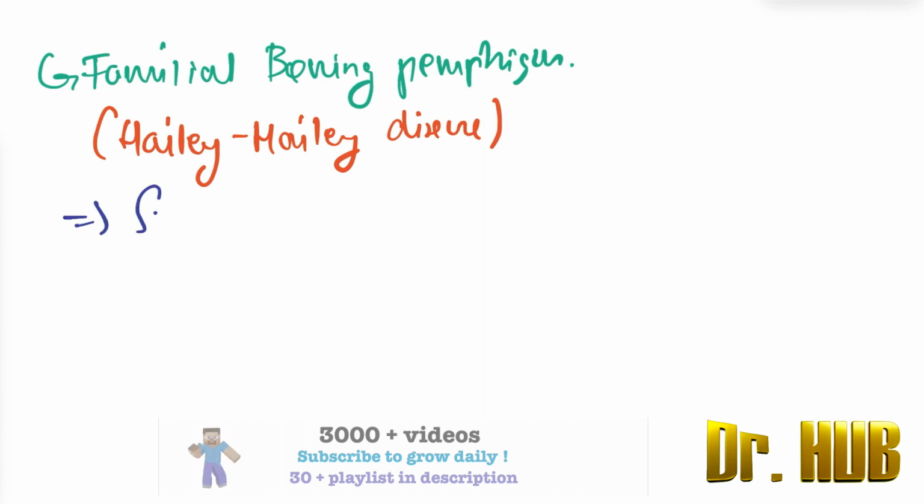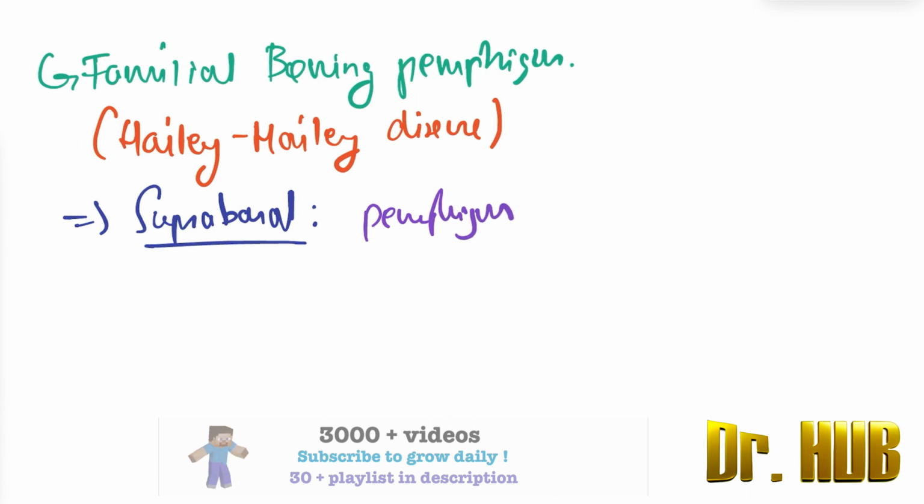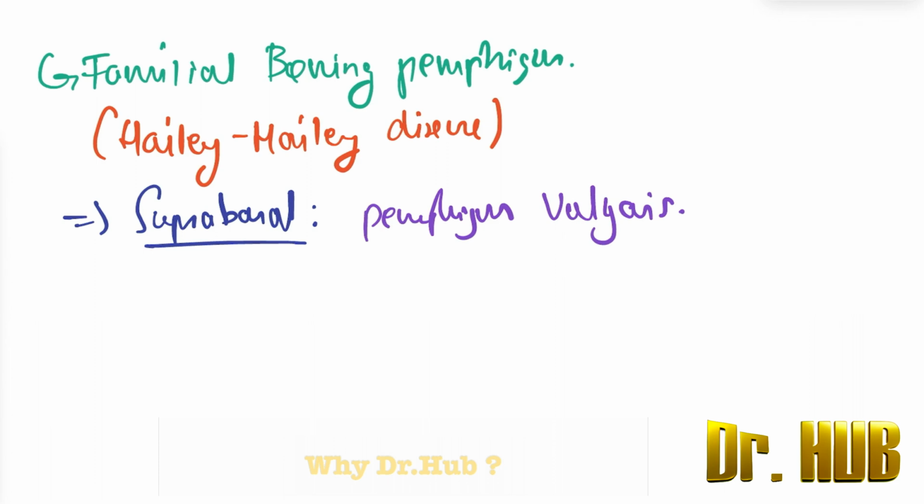Next, we are going to look at the suprabasal. In the suprabasal layer, there is pemphigus vulgaris as well as Darier disease. Then we look at the basal layer.